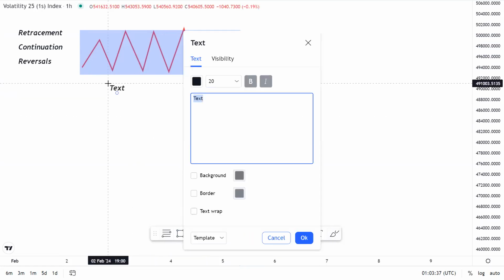Ranging markets, also called consolidation, or best still, a sideways market.